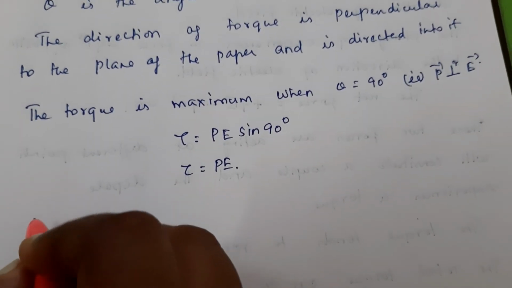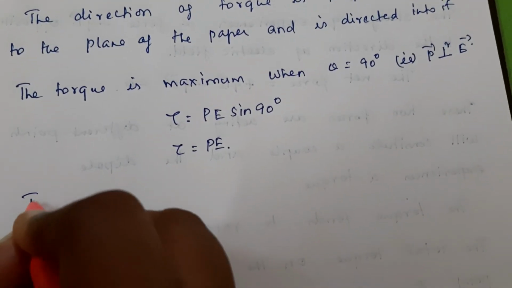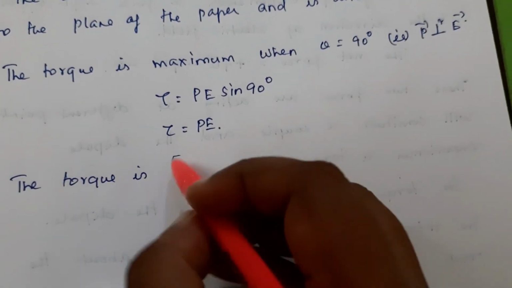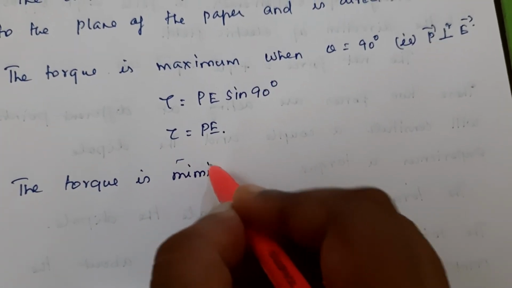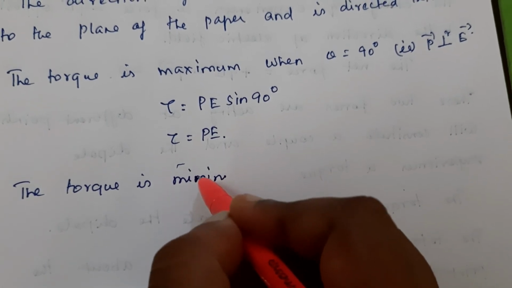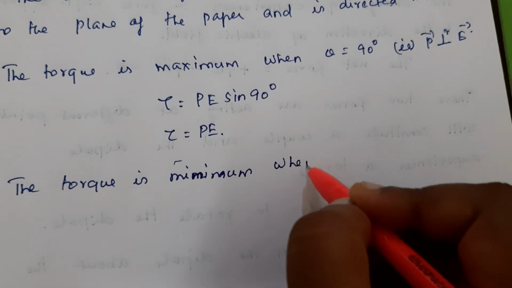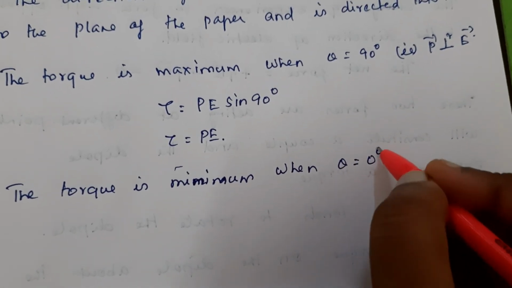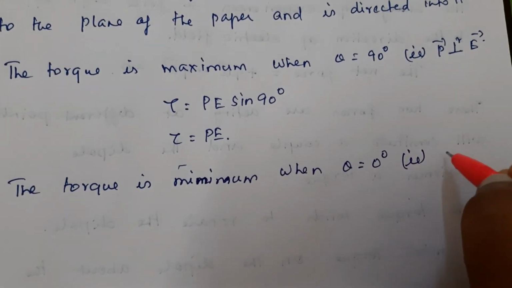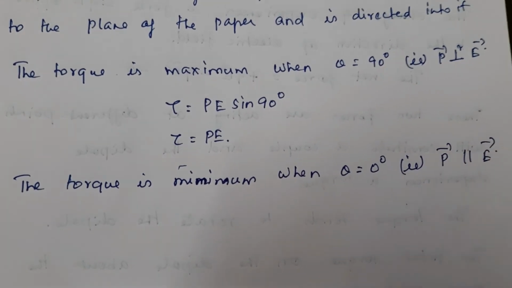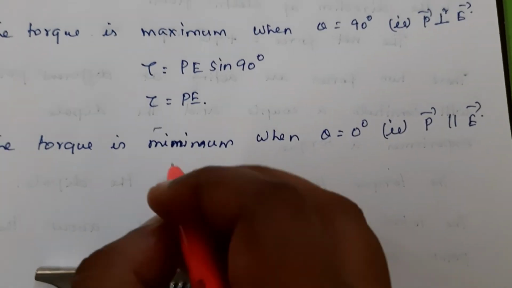Now the torque is minimum when theta is equal to 0 degrees, that is, P vector is parallel to E vector.